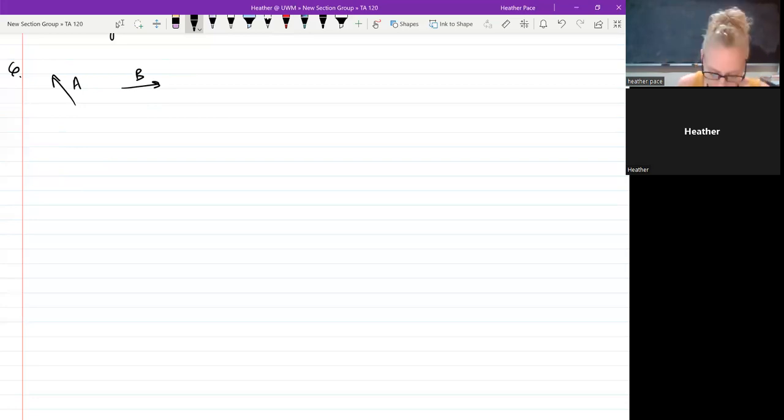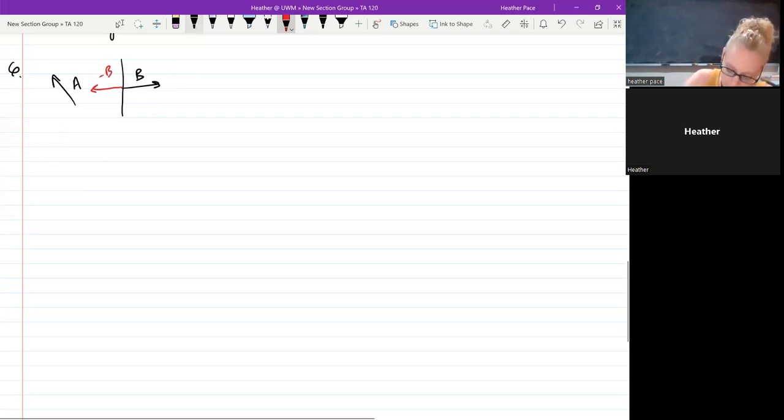If this is our B, and we draw a y-axis, if we flip B, we get this. Now, if I were to make this vector like this and add negative B to it, we're going to end up right back at the origin, or at 0. So negative B looks like what you see up above here, where we're going to draw our problem.